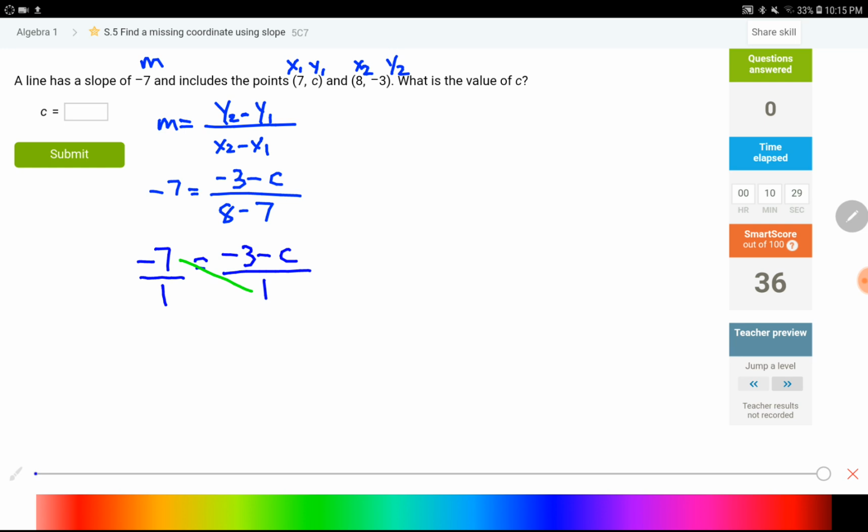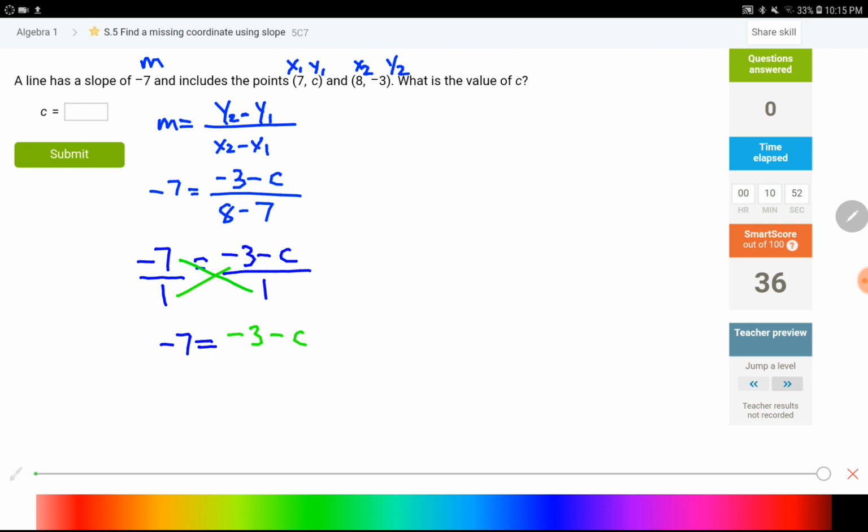Negative 7 times 1 is negative 7. Bring down the equal, and then multiply these two over here. 1 times whatever you multiply it by stays the same. So 1 times negative 3 minus c is negative 3 minus c.